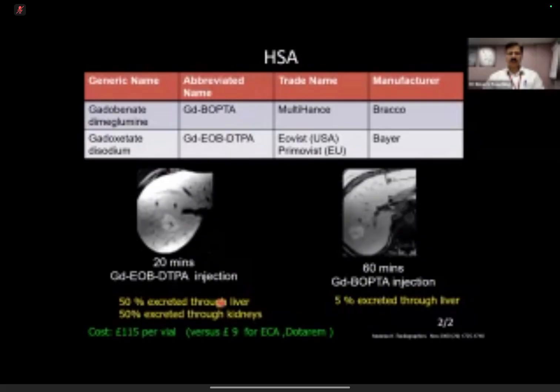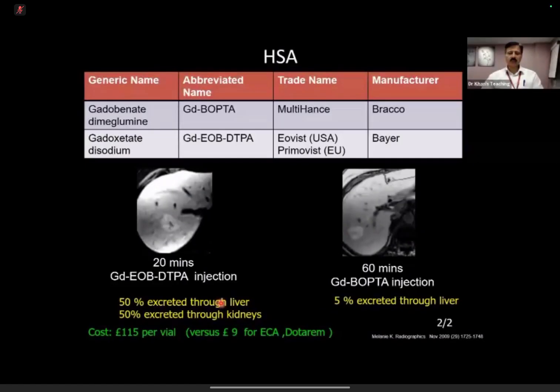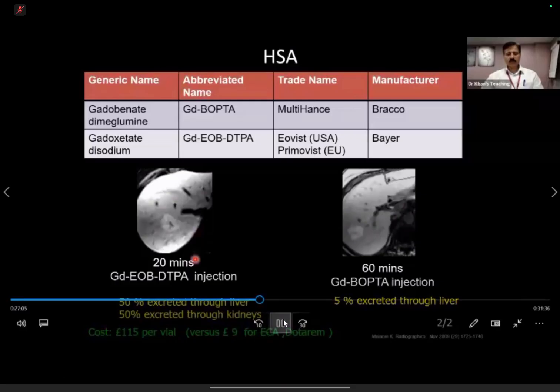And this is the key factor which we utilize. So what happens is that it is excreted by the hepatocytes. The hepatocytes will excrete them into the biliary system, and they even highlight the CBD and gallbladder, and they will go into the duodenum. So for that, we have to use a 20-minute delay phase.